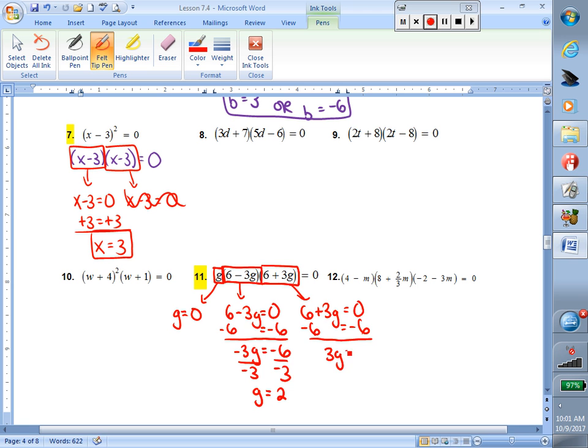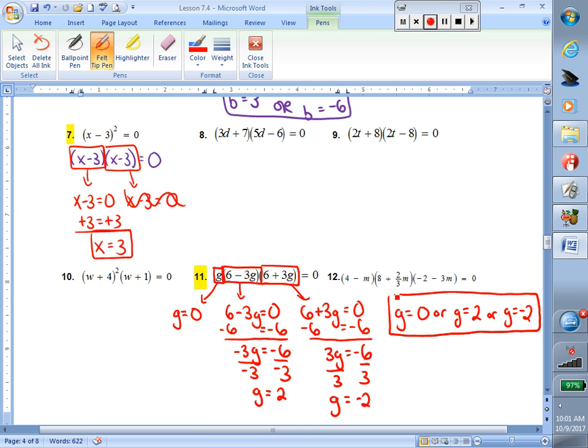Positive 3g equals negative 6. Divide by positive 3, g equals negative 2. So for this one, we could have g equals 0, or g equals 2, or g equals negative 2. Yes, I do need all 3 solutions. One will not cut it for us.